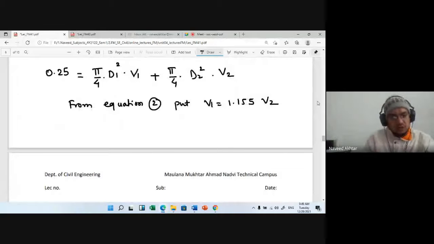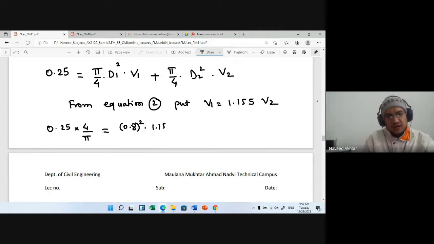So I will write down 0.25, and pi by 4 is common, it will come here as 4 by pi, is equal to D1 is 0.8 square into V1, which is 1.155 times V2, so all terms become in terms of V2, plus D2 is 0.6 square into V2.